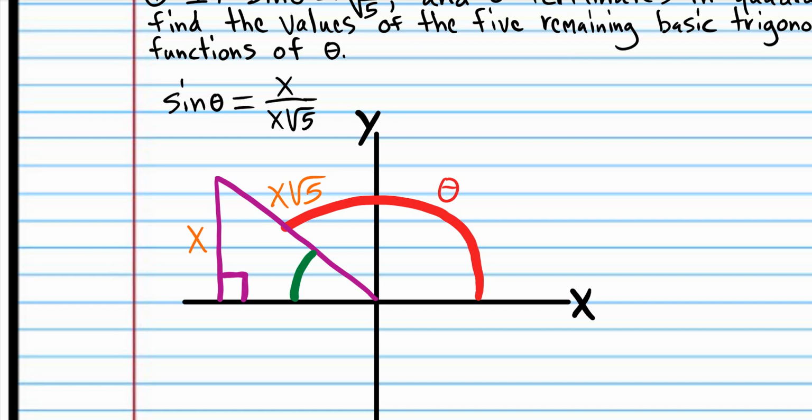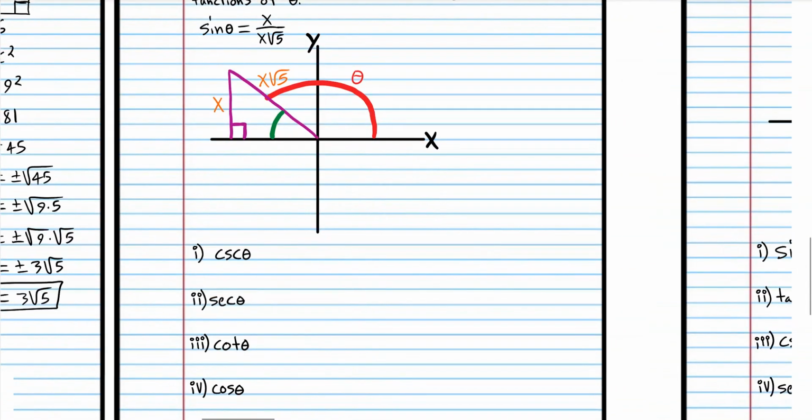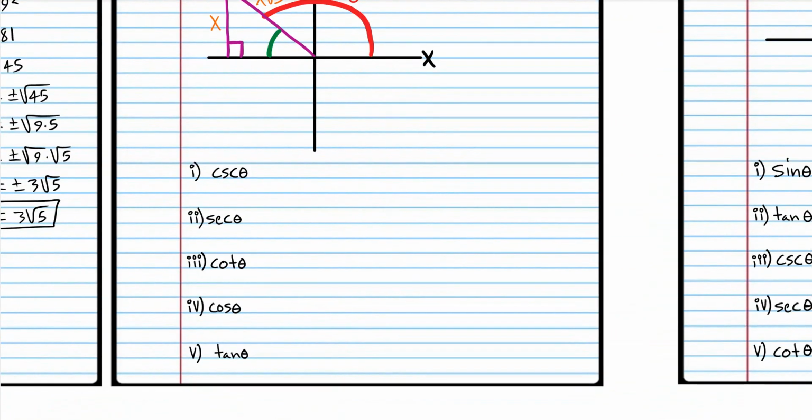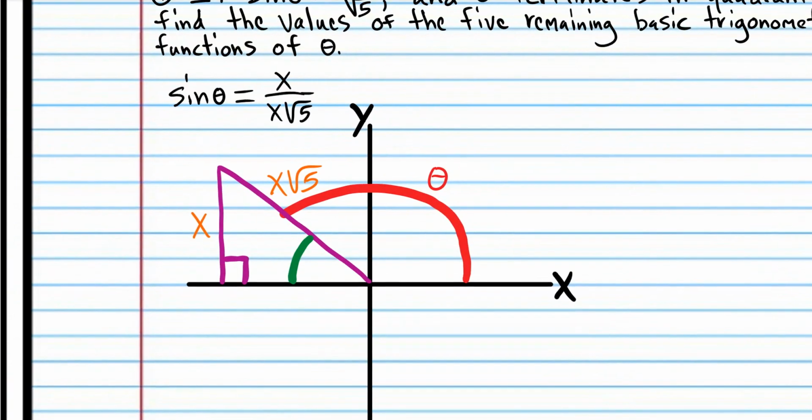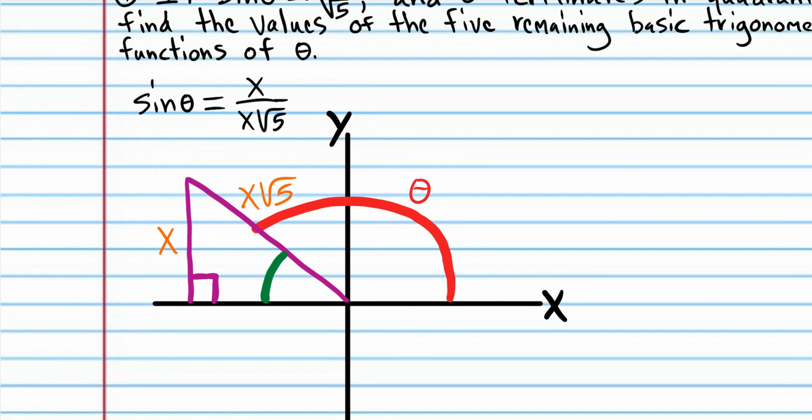And in order to find the other 5 remaining values, we need to calculate this length here, or we need to find some number that gives us a relation between the sides. But x is going to cancel out for every one of our ratios.